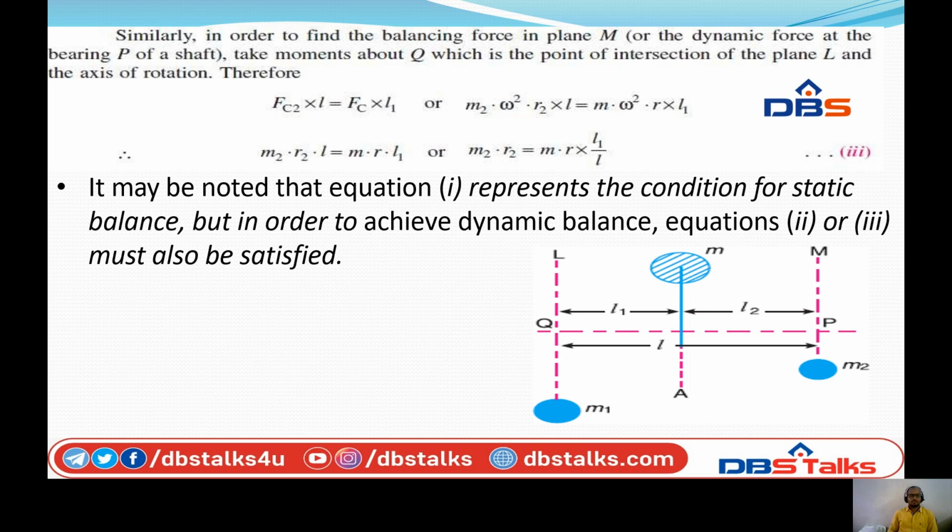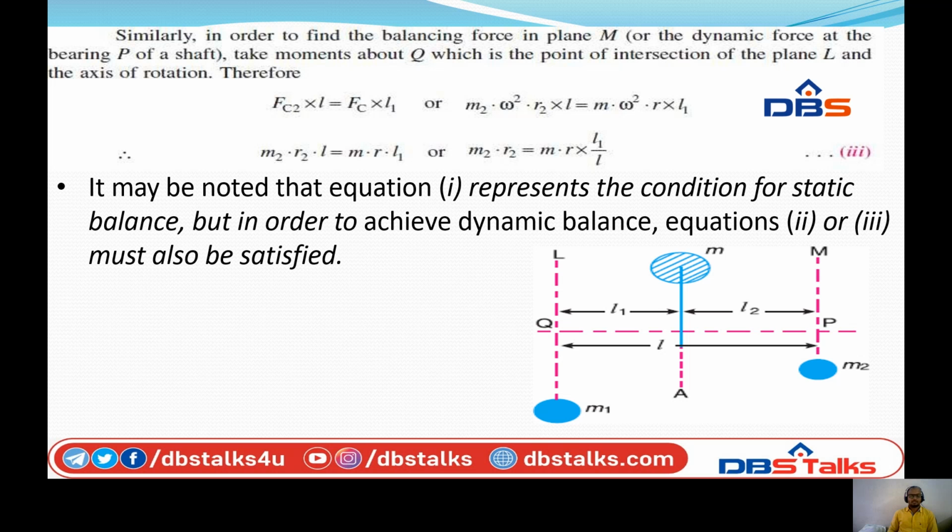Therefore, Fc2 into L is equal to Fc into L1, or M2 omega square R2 into L equal to M omega square R into L1. That is, M2R2L is equal to MRL1. Finally we get M2R2 equal to MR into L1 by L.